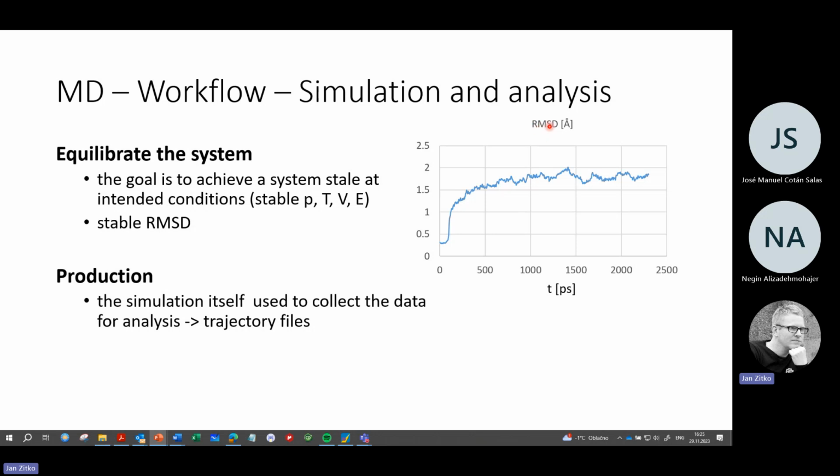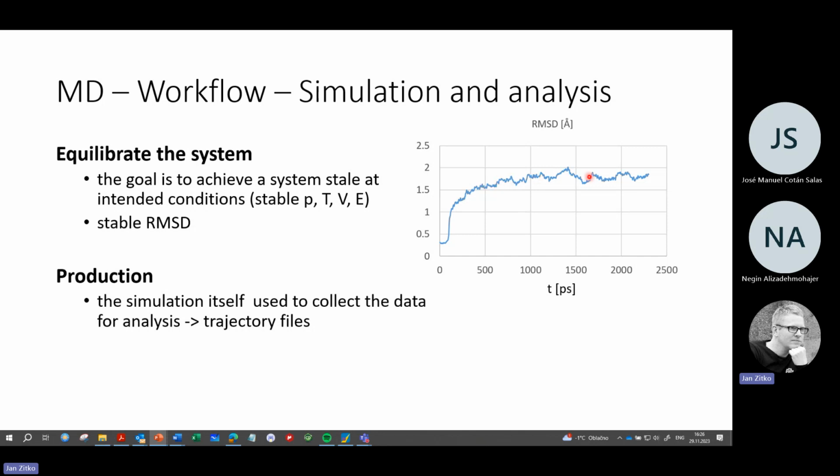It's the root mean square deviation, which tells you how big the change is between the positions of the atoms in one frame and the following frame. You see that in the beginning, typically it's quite a huge jump, and then you oscillate around a value usually of 1.5 up to 2 angstroms. It means that here it's not changing. I just want you to understand this notation, this graph.